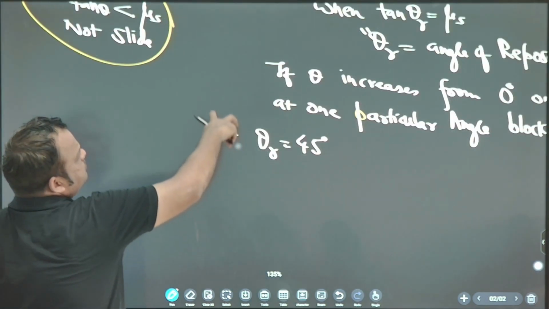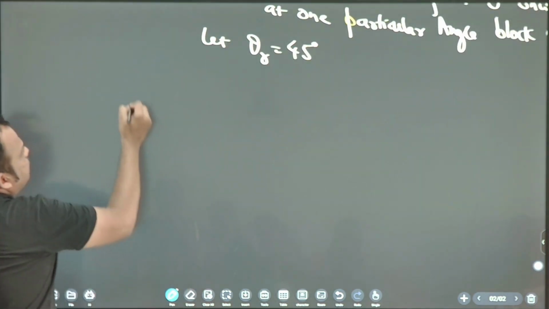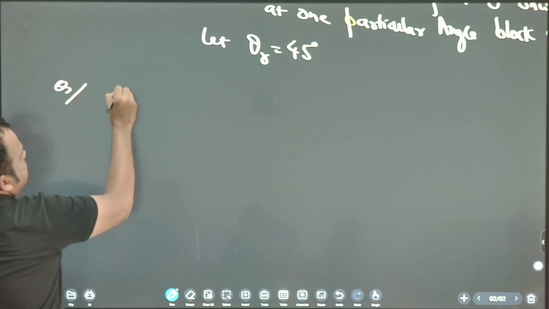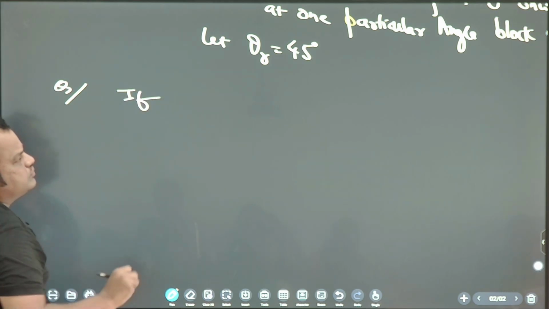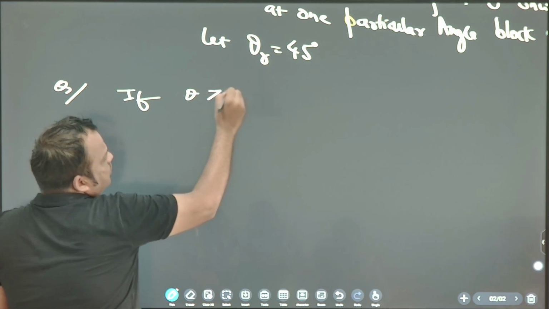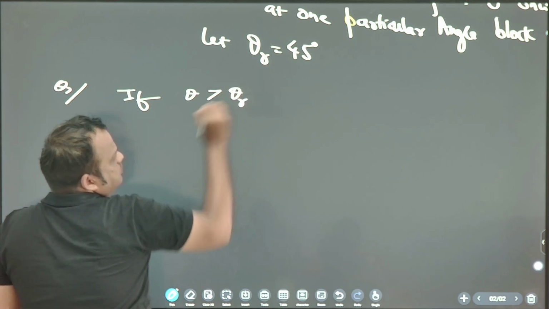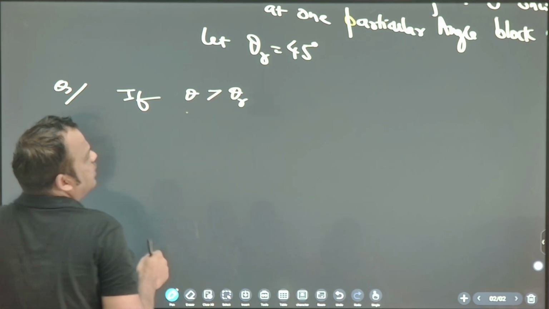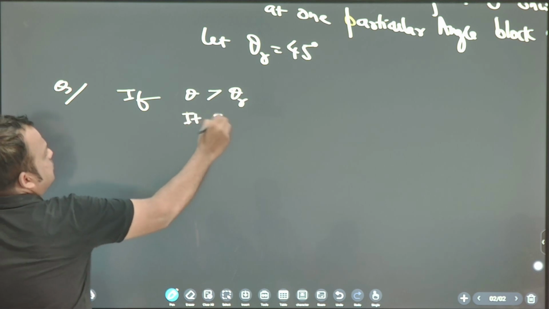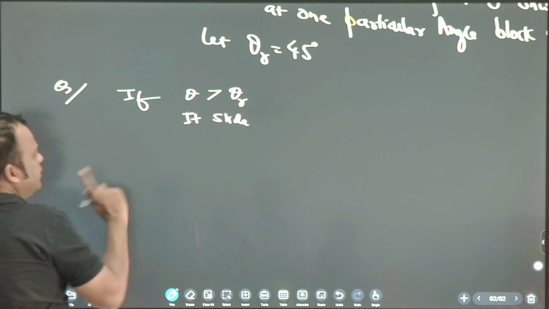So see, now we will do some questions. If theta is more than theta r, the angle is more than theta r, it will slide. But I do not want it to slide.